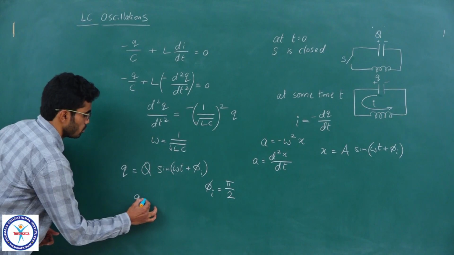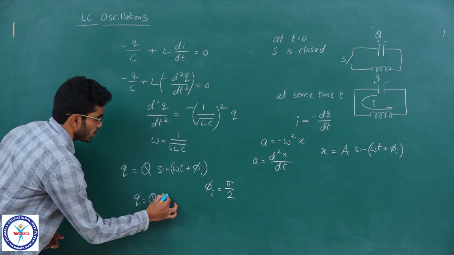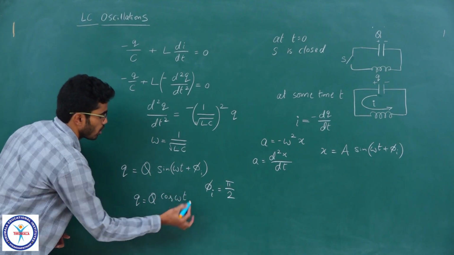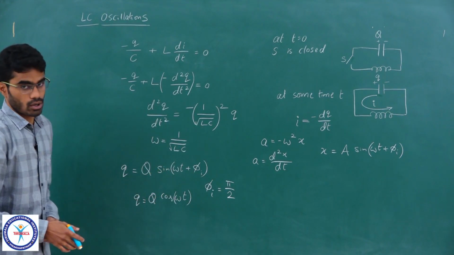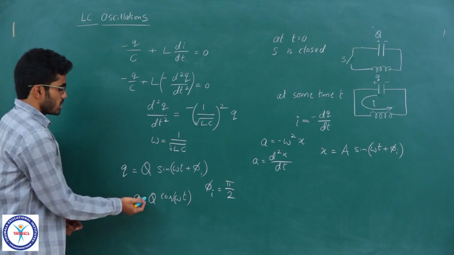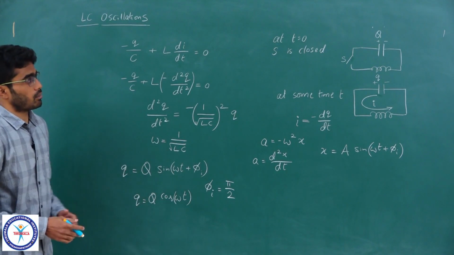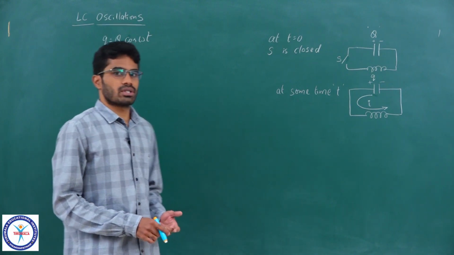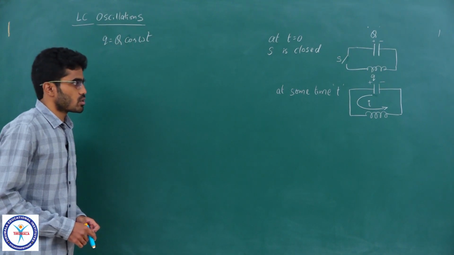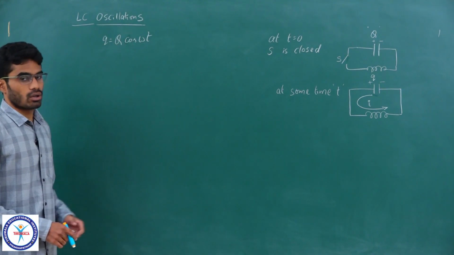So you can simplify this equation further and write it as Q cos omega t, since sine of omega t plus pi by 2 is cos omega t. So this is the charge on the capacitor at any time t. So we got the equation for the charge on the capacitor as a function of time.